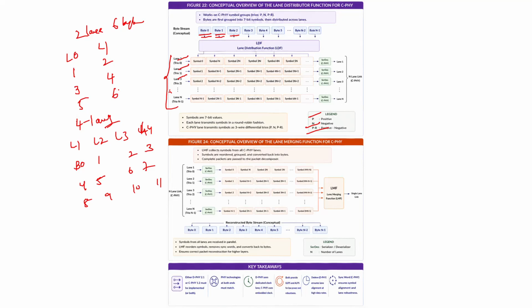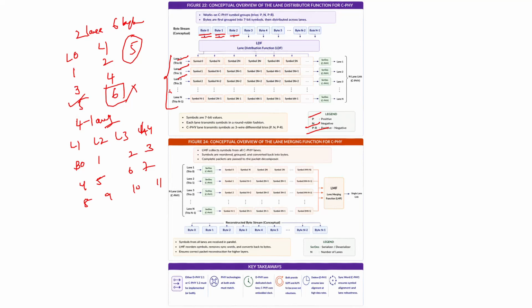In this way the data is transmitted. Clear? Uneven divisions are also possible. Sometimes we transmit uneven divisions, where one lane is not transmitting any data. Suppose only 5 bytes are transmitted, then only up to lane 1 is used and lane 2 does not transmit any data.